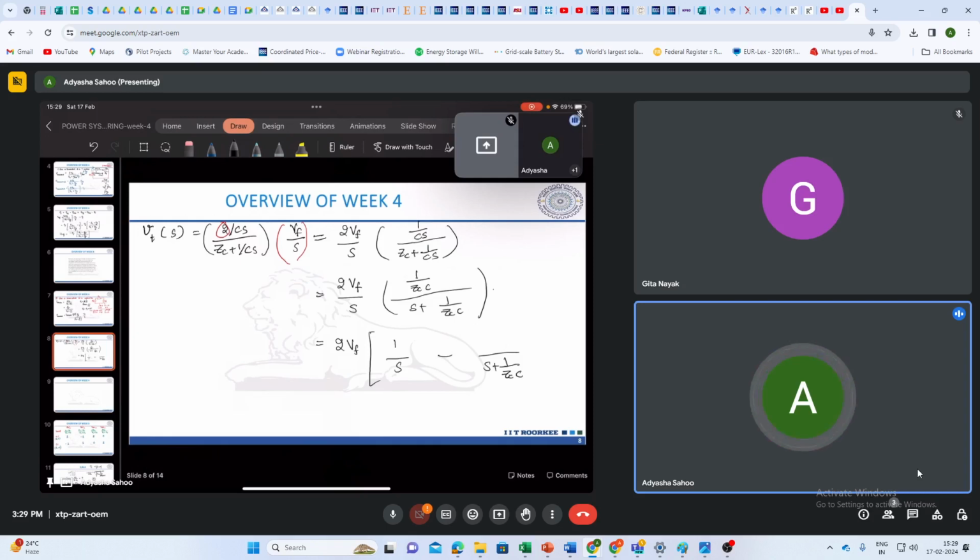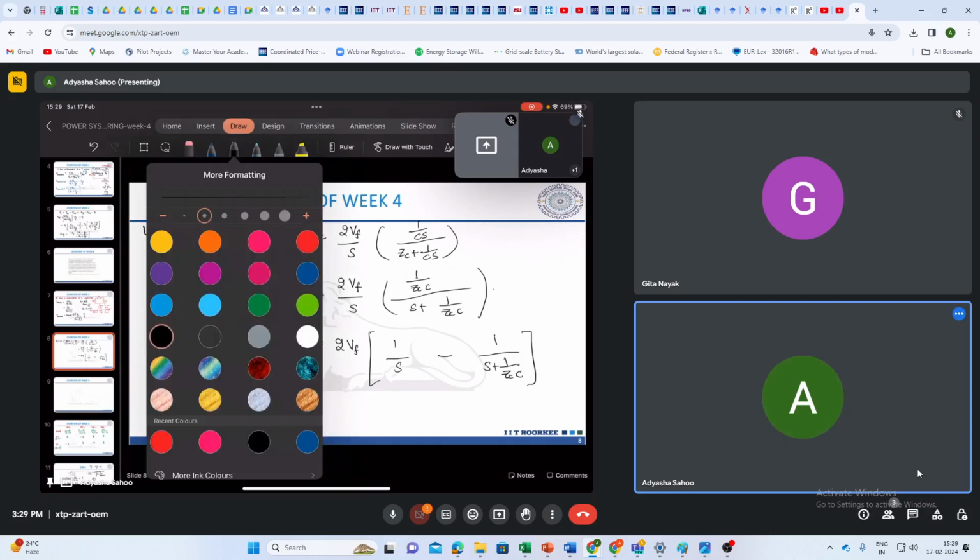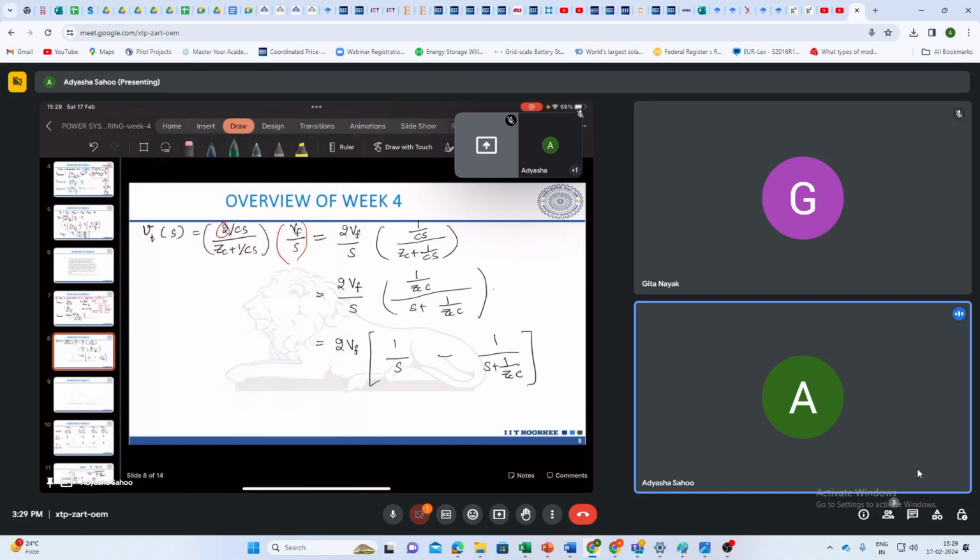So this is 1 and this you will get as 1. Finally you take the inverse Laplace. This can be written as 1 minus e to the power minus t by ZC times C.